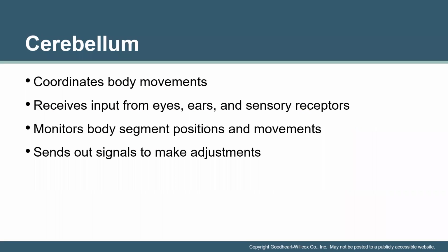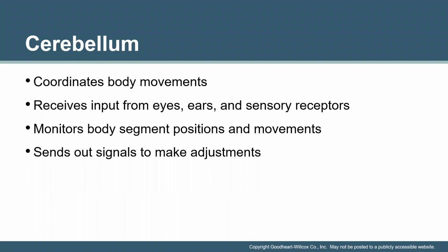We're going to talk through the cerebellum now. The cerebellum is the smaller part of your brain that sits underneath the occipital lobe of the cerebrum. It looks similar to the cerebrum with its outer gray cortex, with its convolutions and dual hemispheres.